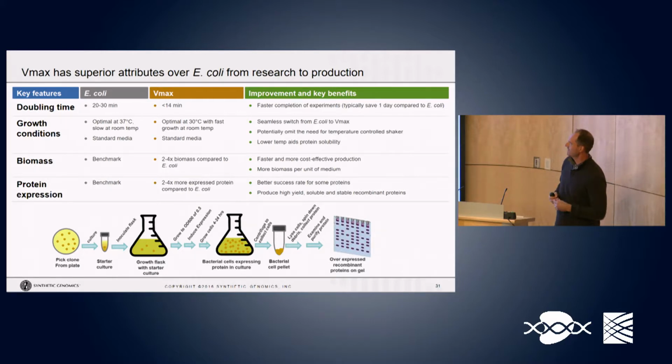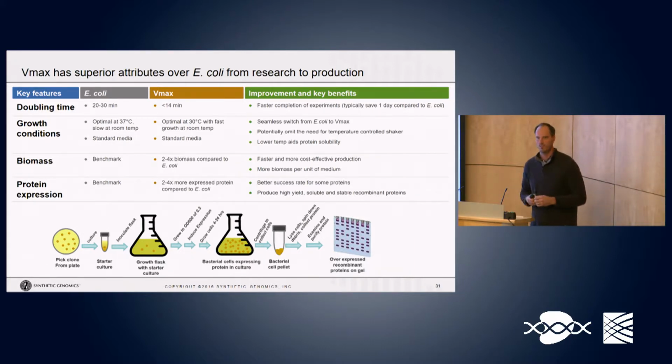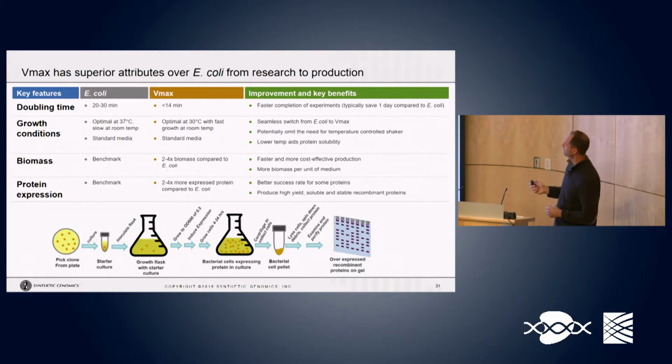The most significant being the doubling time. You get your experiment completed faster. The cells will even grow pretty quickly at room temperature, an increase in biomass, an increase in overall protein yield, and the potential for proteins being more soluble.